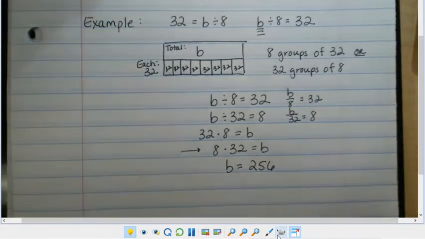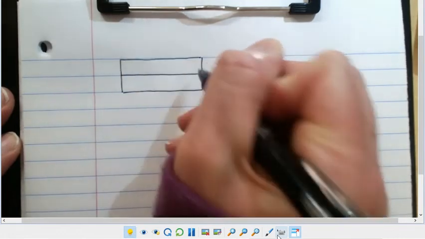All right, so now I'm going to give you some tape diagrams, and I'm going to have you write the equations for these tape diagrams. So I'm going to draw these on here. So draw these with me.